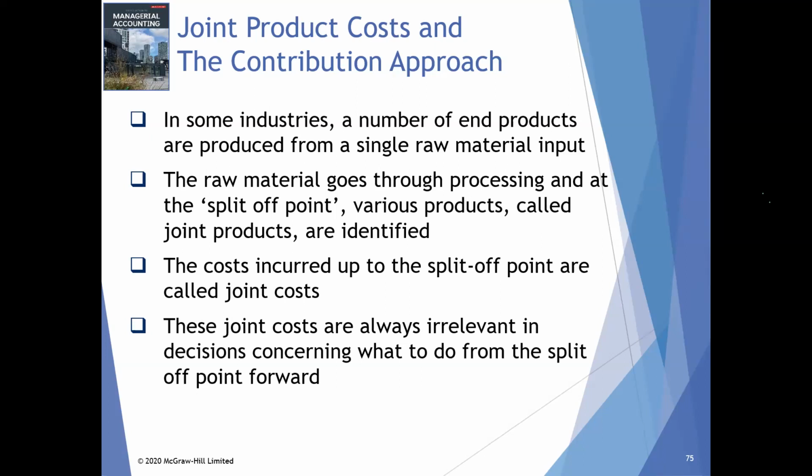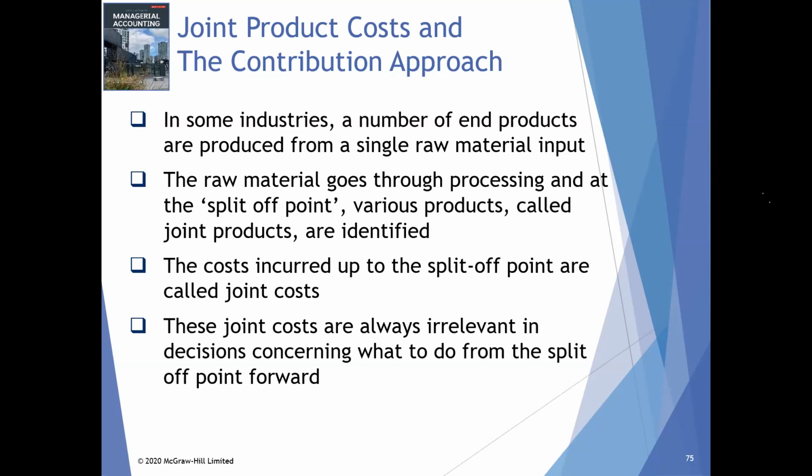After that process, they can differentiate the cost incurred up to the split-off point. Before that we cannot split, but after that we can. The costs up to the split-off point are called joint costs.